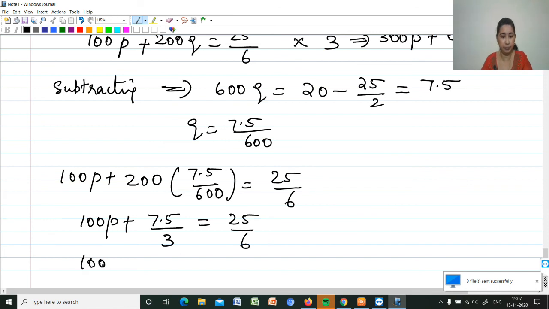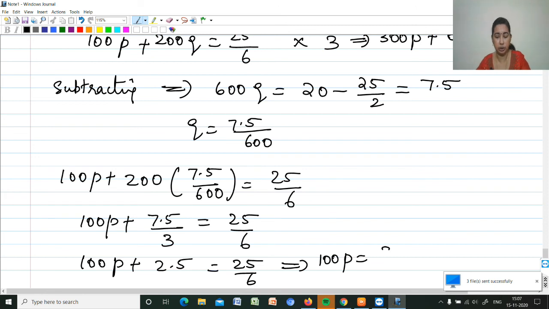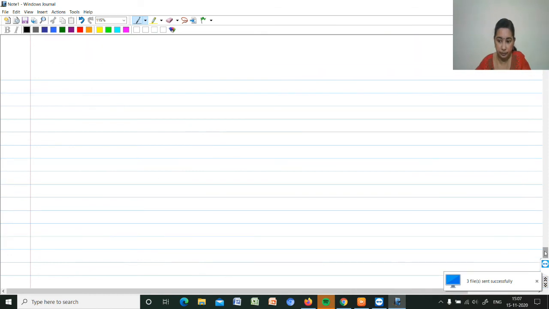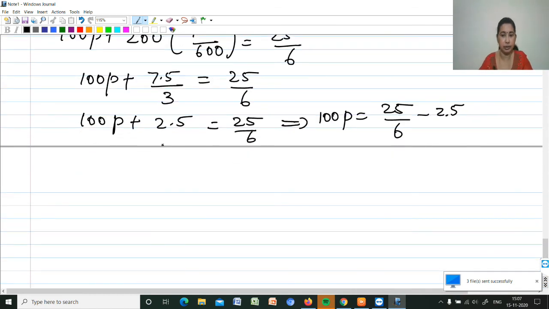That is 100p plus 2.5 is equal to 25 by 6, or 100p is equal to 25 by 6 minus 2.5, or that is the same as p is equal to 10 by 600.